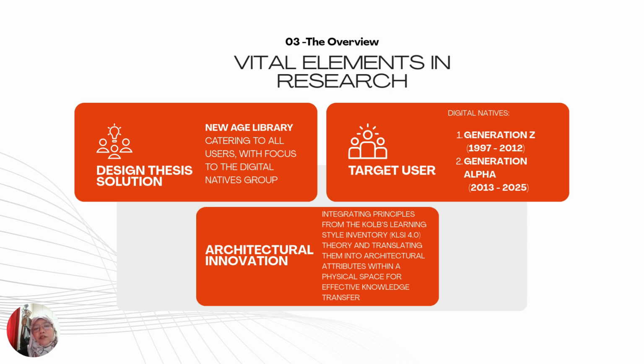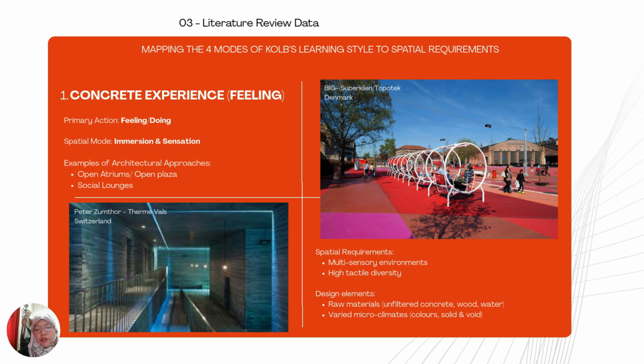These are the overview of the vital elements of the research. We have a new age library, and the digital native group, which are Generation Z and Generation Alpha. And then we have the architectural innovation of integrating principles from the KLSI 4.0 theory and translating them into architectural attributes so that we can design a physical space for more effective knowledge transfer.